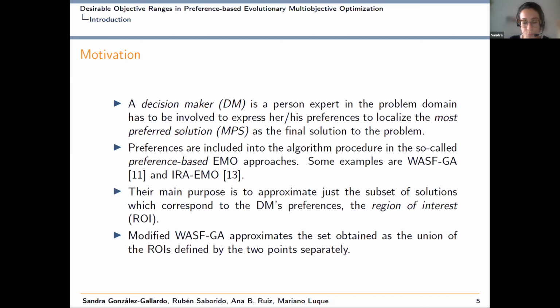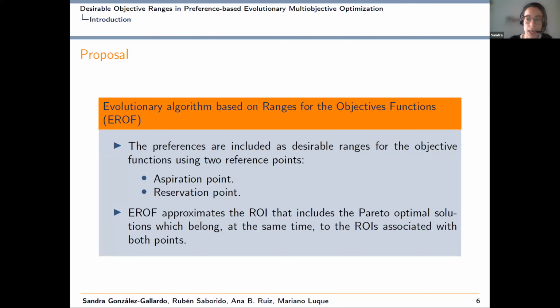In IRA-EMO, an internal algorithm called modified WASF-GA is used. This algorithm approximates the set obtained as the union of the regions of interest defined by 2 points separately. Knowing this, we propose a new preference-based evolutionary multi-objective optimization algorithm called evolutionary algorithm based on ranges for the objective functions, and its abbreviation is EROF.